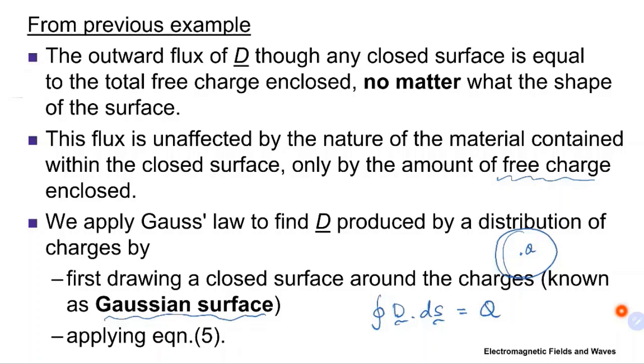The difference between drawing a sphere and a cube is the difficulty of the integration. If I draw a sphere around a point charge, then it will be a very simple integration, because the electric flux density on the surface of the sphere is constant. So at every point on the sphere, D is constant. If I draw a cube, then D is not constant.